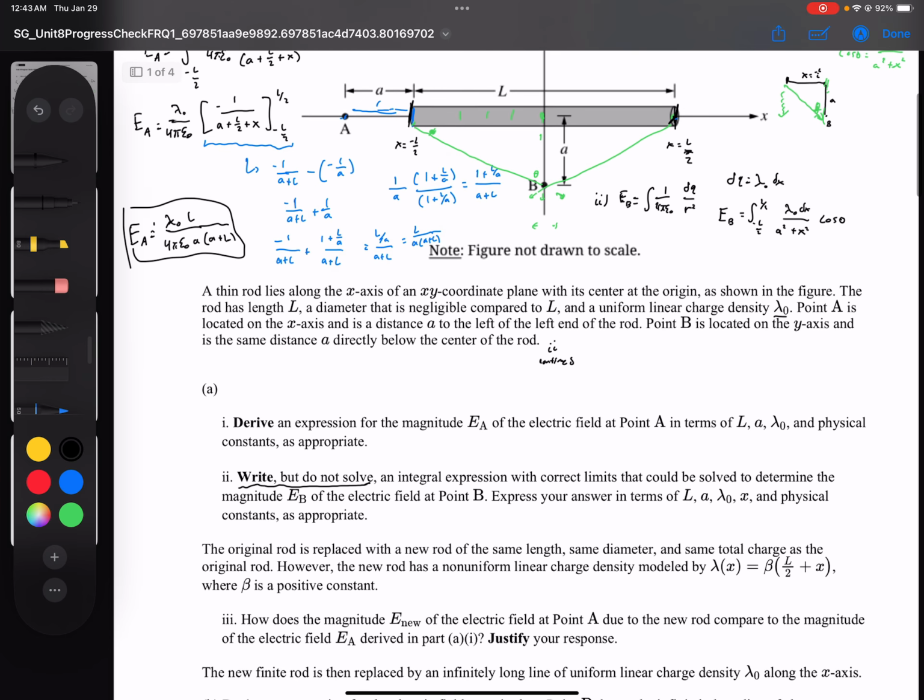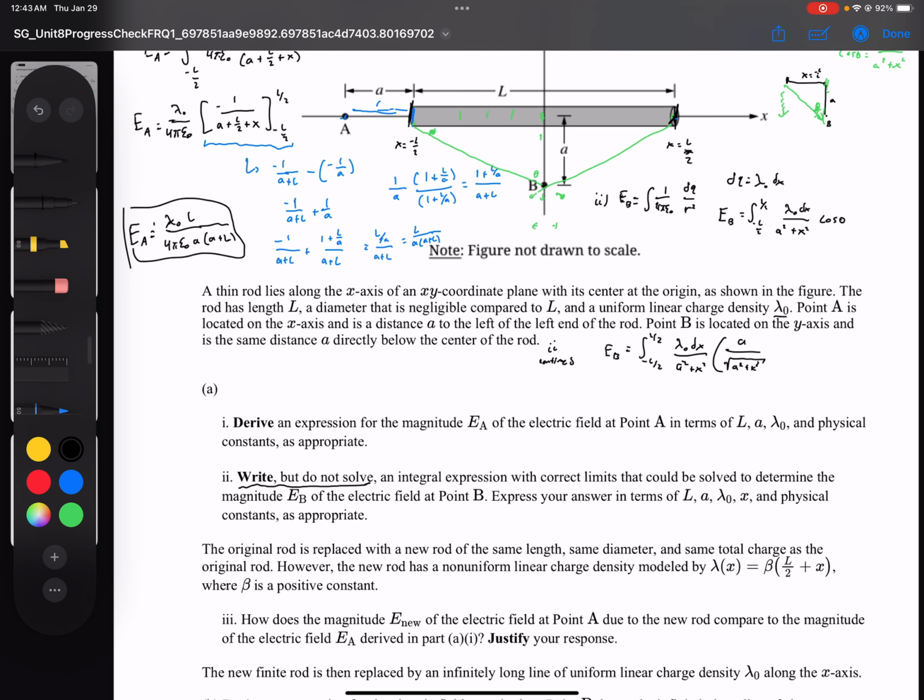And here I have my electric field at point B equal to the integral from negative L over 2 to L over 2 of lambda naught dx over a squared plus x squared, times the cosine of theta. But we already said that the cosine of theta has to be this, a divided by the square root of a squared plus x squared.